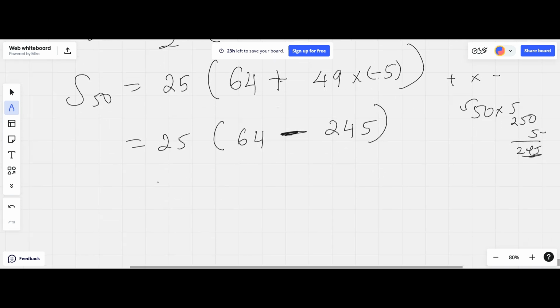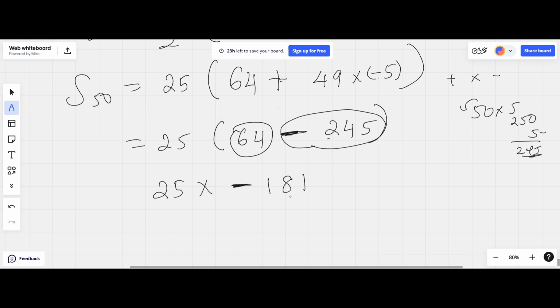Okay. So 25 into (64 minus 245). How much is it? You see here, 245 is the bigger value. This is minus 245 and this is plus 64. So it would be minus 181.